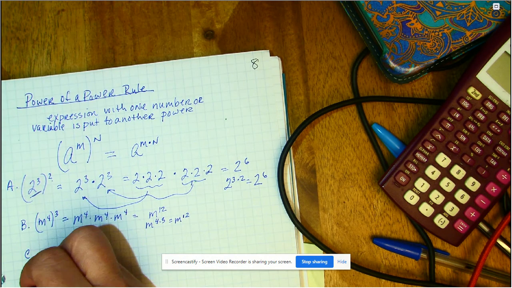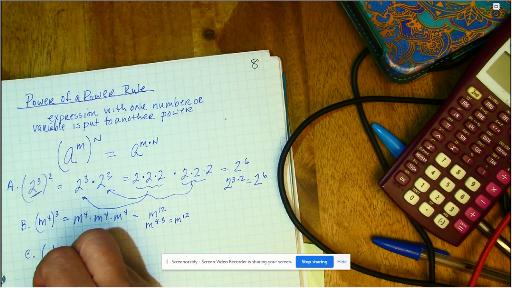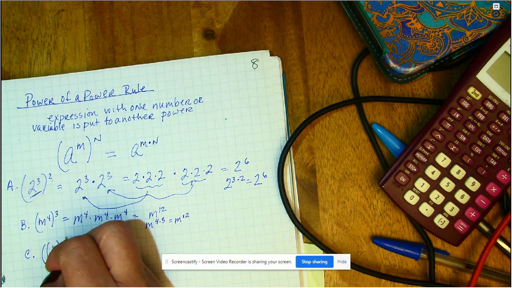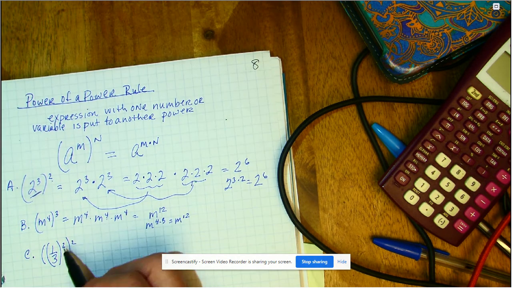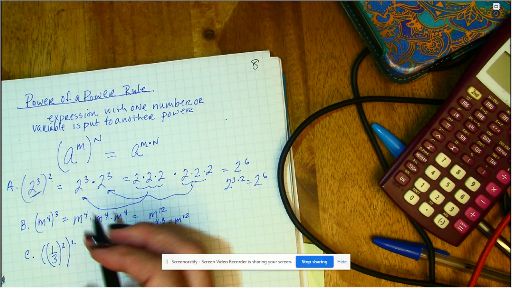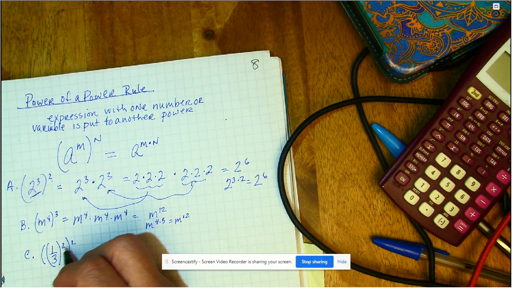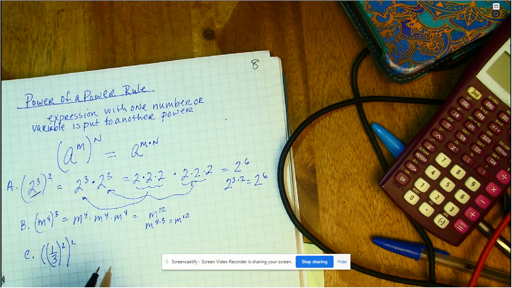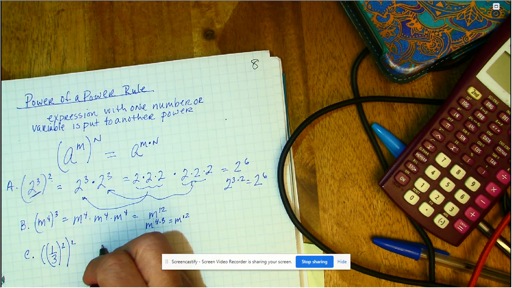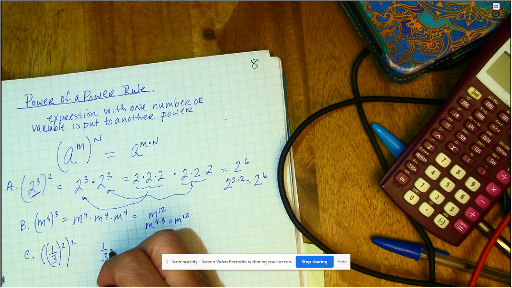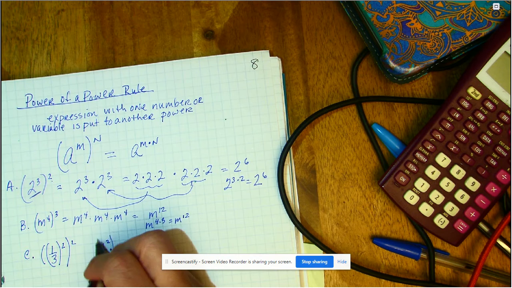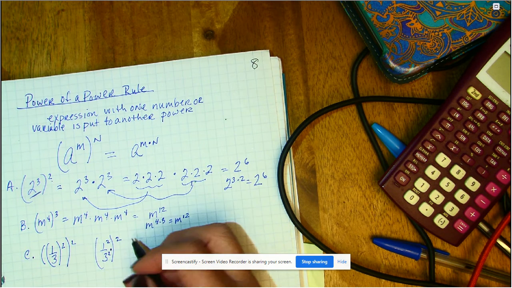And let's do a fraction. We have 1/3 squared, and then we're squaring the whole thing. This tells us that inside it's squared. If I follow the order of operations and work inside out, I'd have 1/3 times 1/3, or I can write that as 1 to the second over 3 to the second, and this is being put to the second.